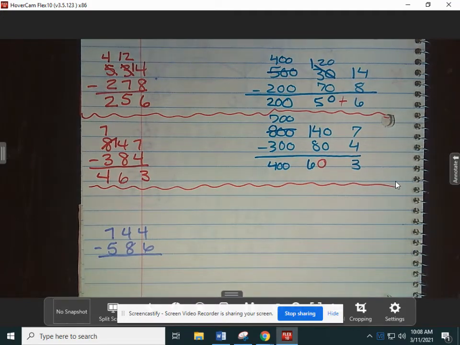So we took 10, you got 10 will be divided by 14. Make it a 14. You took 10 away, so that's 30. 14 minus 6.